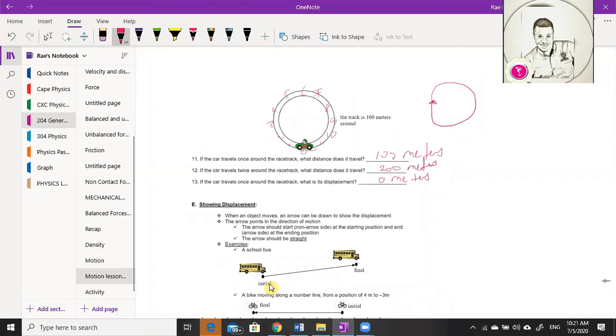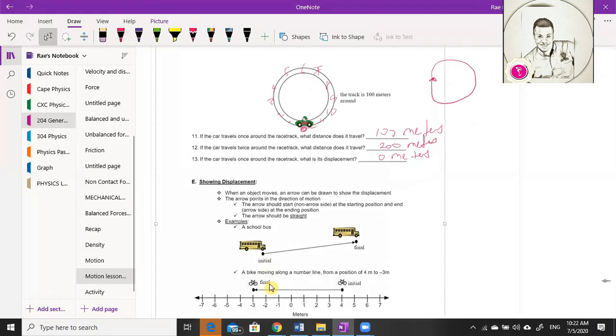So you understand? That means your displacement has to be 0 because you're 0 meters away from where you started, right?